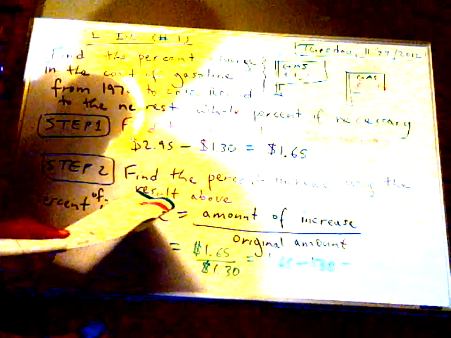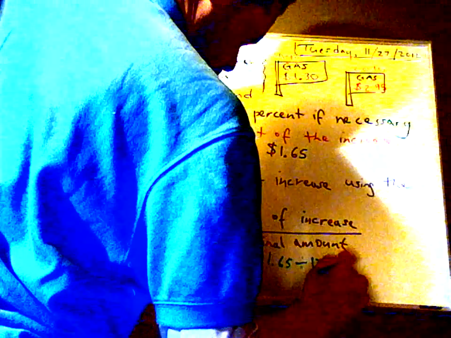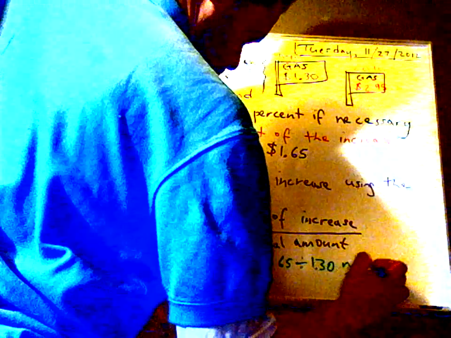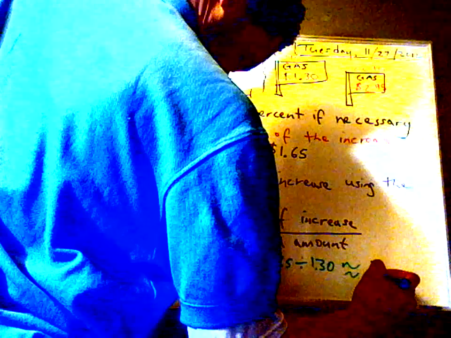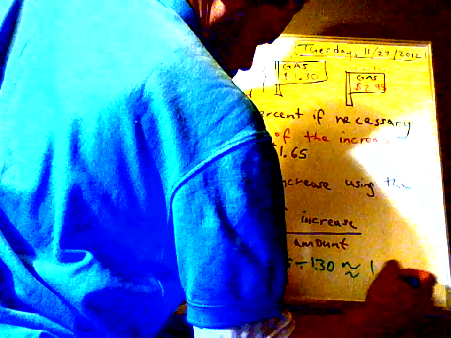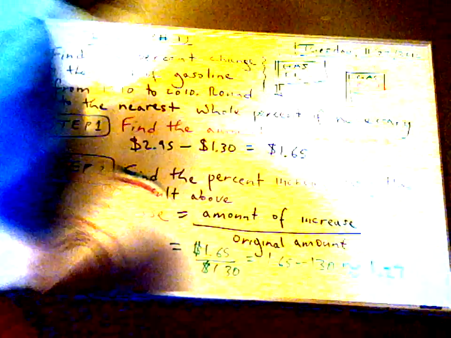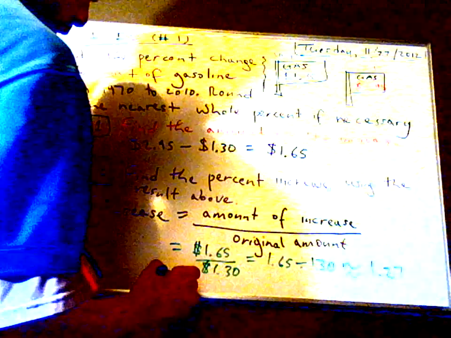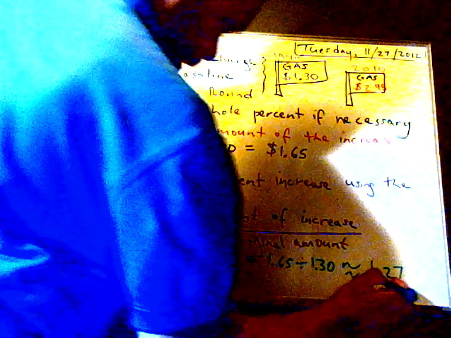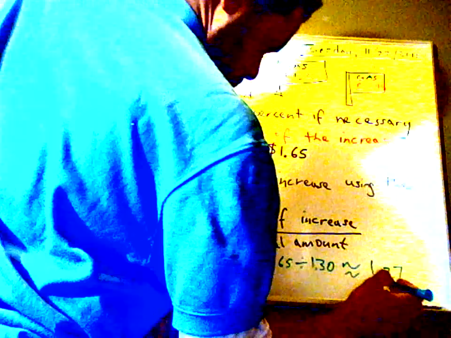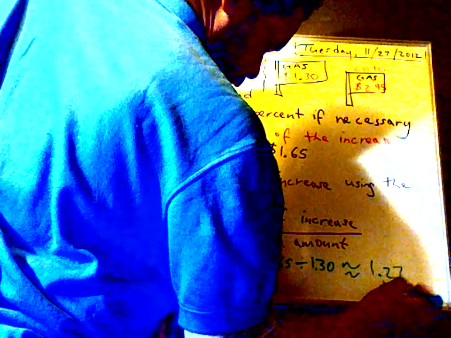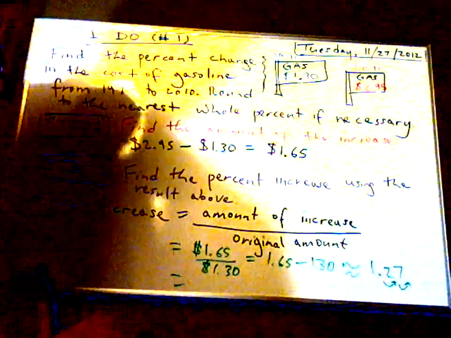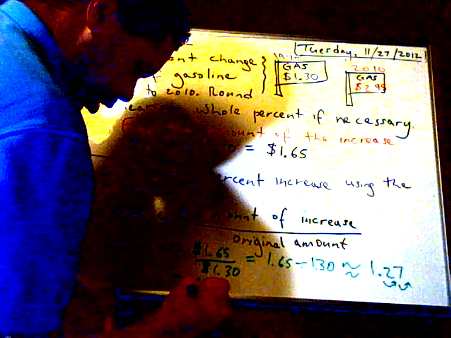Okay, which would give you approximately 1.27, which when you convert it to percent, you either multiply by 100 or move the decimal point over 2 places. So that's going to be 127%.